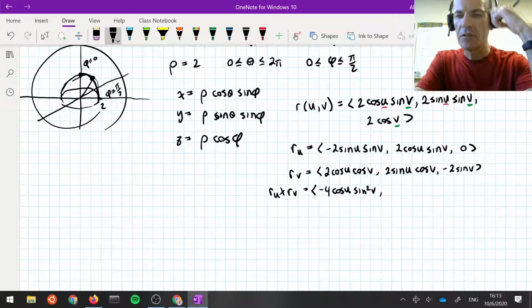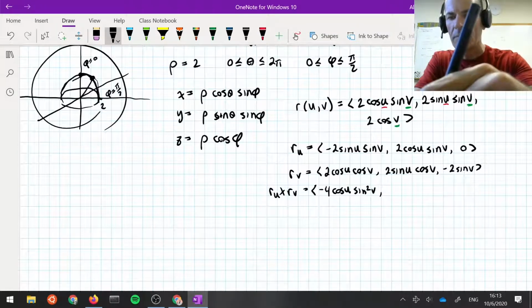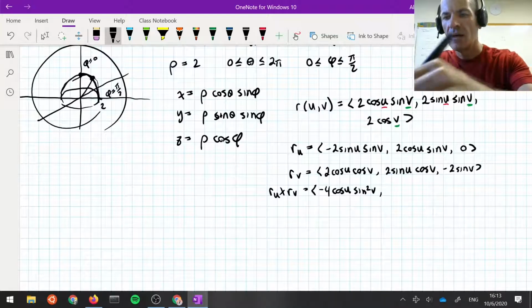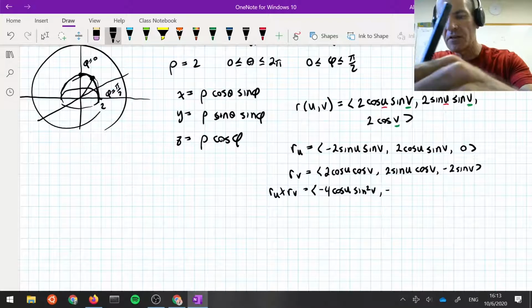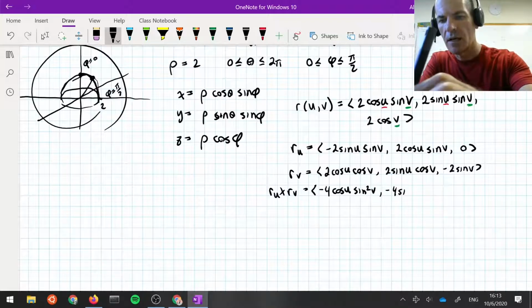The middle term is going to be 4 sine u sine squared v with an extra minus sign because it's the j component. 4 sine u sine squared v.